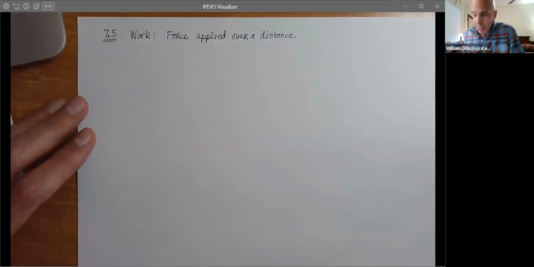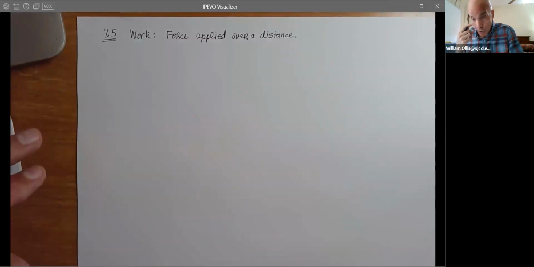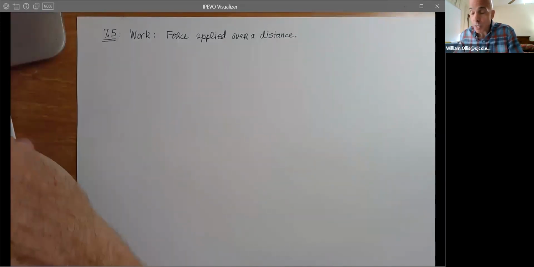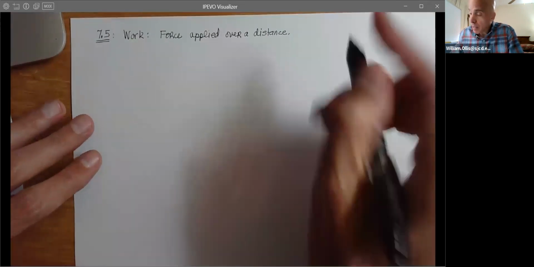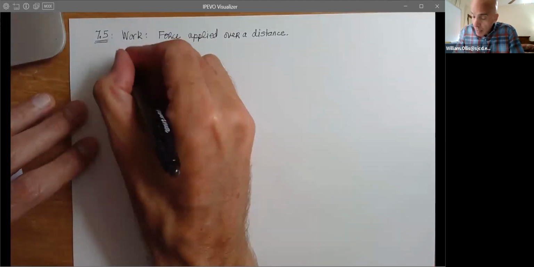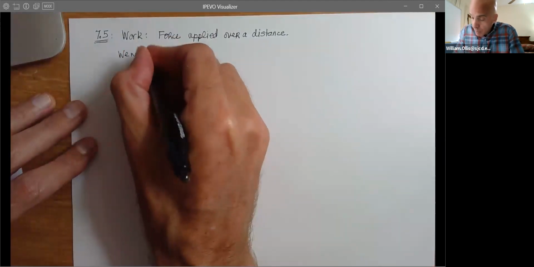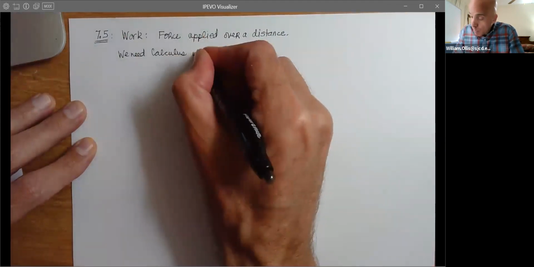You think of force times distance in your physics class, if you took a physics class as a high school student, and some of you are taking that, and then you'll probably be taking Professor Goins for university physics. What we're interested in this class are variable forces. So we need calculus when forces vary.